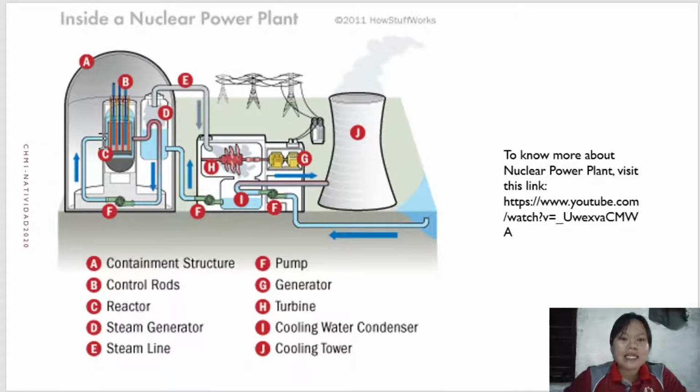It's typically encased in a containment structure, typically several feet thick, and this is made of steel or concrete, but very thick if concrete. In that way, it would keep the radioactive gases and liquids inside.